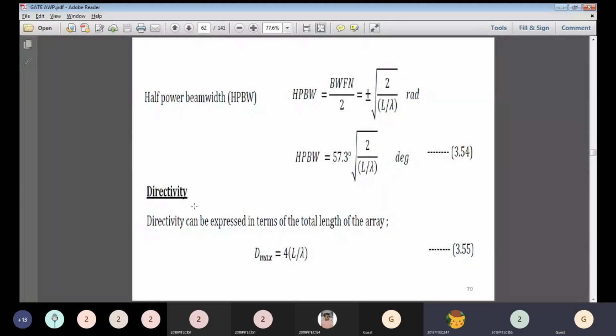And finally, directivity of the end-fire array can be expressed in terms of total length of the antenna. D max is equal to 4 into L by lambda, whereas it is 2 into L by lambda in the case of broadside array.